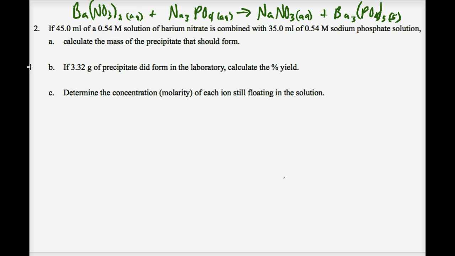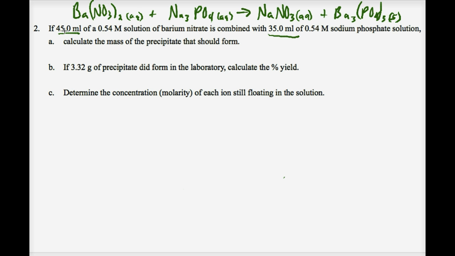That's because our first question, calculate the mass of the precipitate, is very familiar. It's basically the same stoichiometry we've been doing. The only twist is that you start off not with a mass, not with liters, not with a number of atoms or molecules.